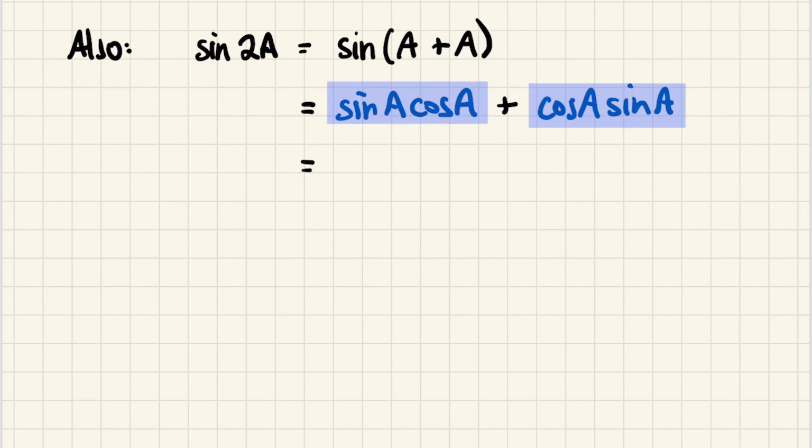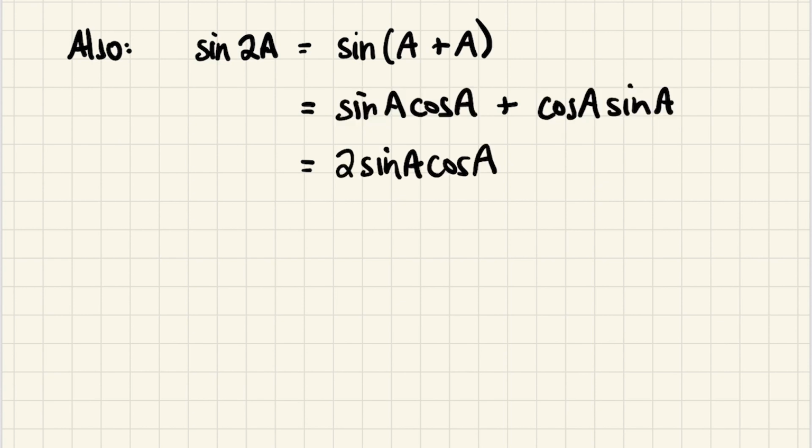It doesn't matter that their factors are written in different orders. These are like terms, so we can combine them. So it's like a dump truck plus a dump truck is 2 times a dump truck. So this is 2 sine a, cosine a. There we are. This is the one and only double angle identity for sine. And it too is eminently useful.